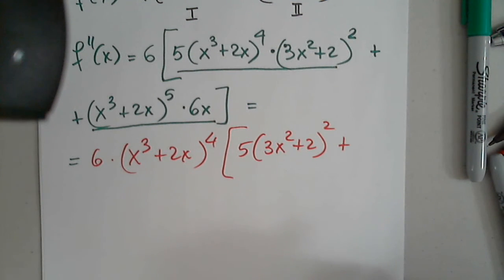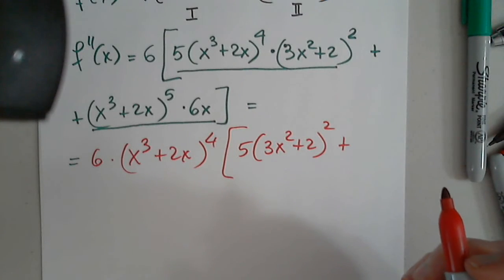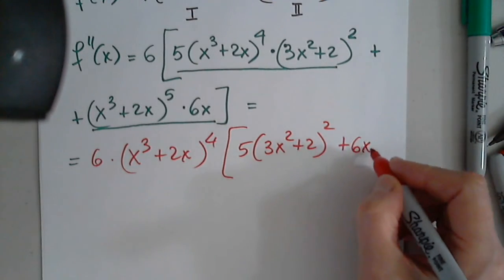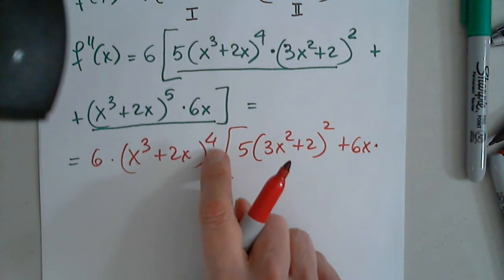So let's look again. I agree with 6x. What else? 6 times (x cubed plus 2x). Yes, 6x because this is 5 and this is 4.